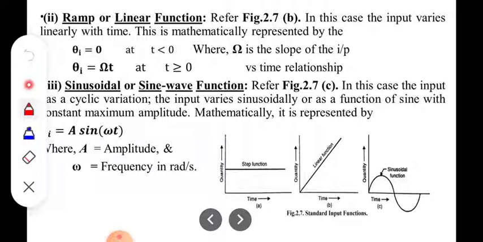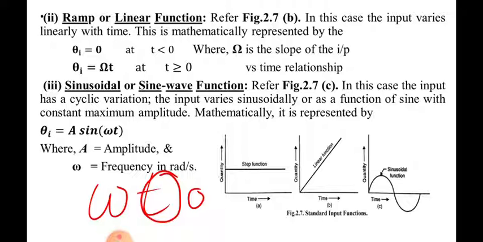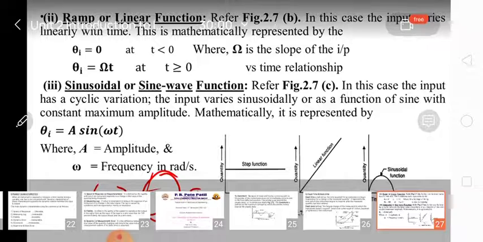See here that omega t is the product of omega and t. Since t will become 0, so omega t will become 0, and hence sin omega t or sin 0 will be 0. That's why theta I equal to 0, hence we get the sinusoidal waveform at the origin.